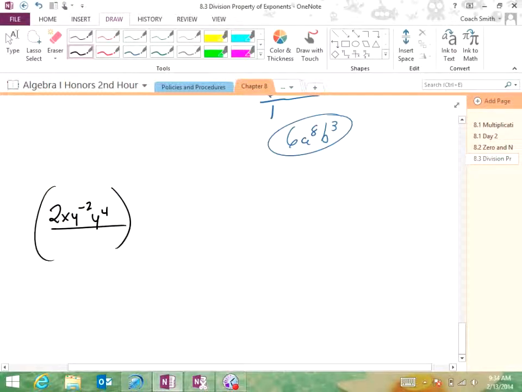Then I have 3x to the negative 1st, y raised to the negative 2nd power times 4xy over 2x to the negative 1st, y to the negative 3rd, whole thing raised to the 2nd power.